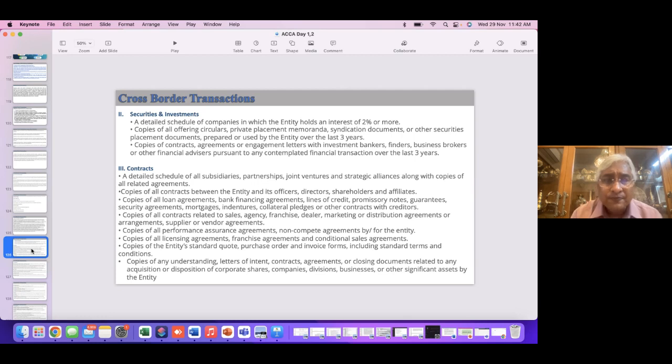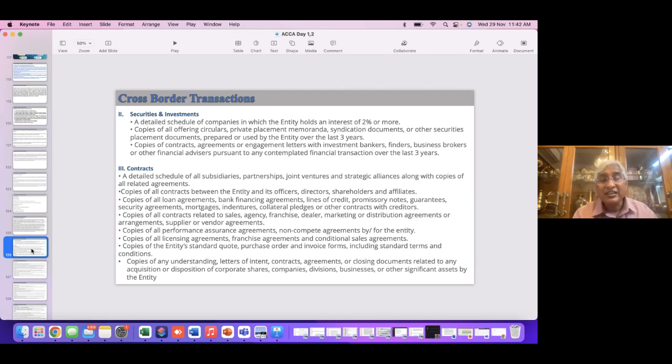So it is better that proper documentation is maintained, because otherwise anything can be questioned, and if you are not in a position to provide the documents, then they may ask to scrap such transactions if they have not happened, or if they have happened, then they may penalize you. So non-compete agreements by or for the entity, that documentation should be there.